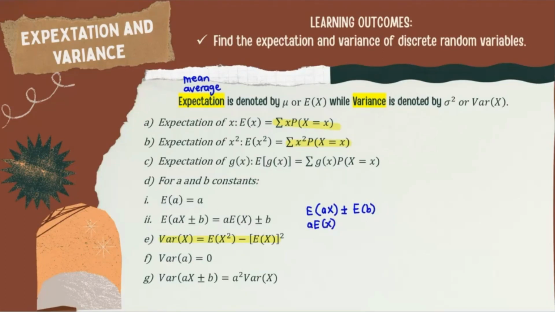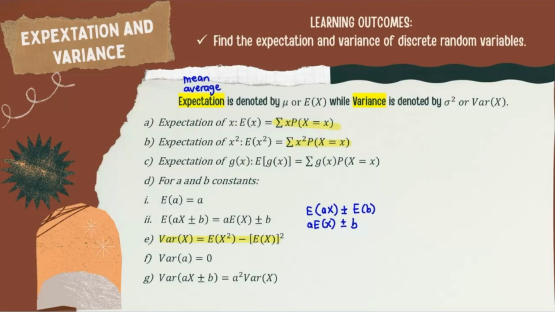So AE of X plus or minus E of B, kita akan gunakan this characteristic. So E of a constant will be a constant. So E of B will be just B. So that's why kita akan end up dapat this properties lah.